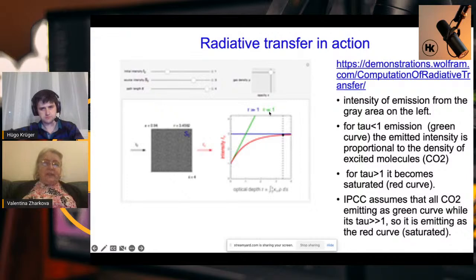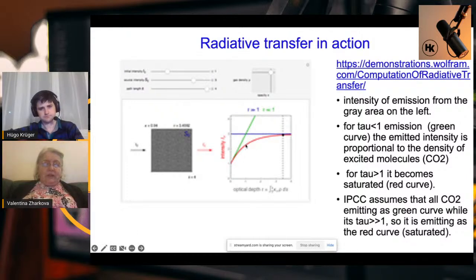But when the optical thickness becomes greater than 1, what do we get? We get diffusion, absorption, re-emission, absorption and re-emission. So we get a saturation. And when the optical thickness increases much greater than 1, we get this red curve.